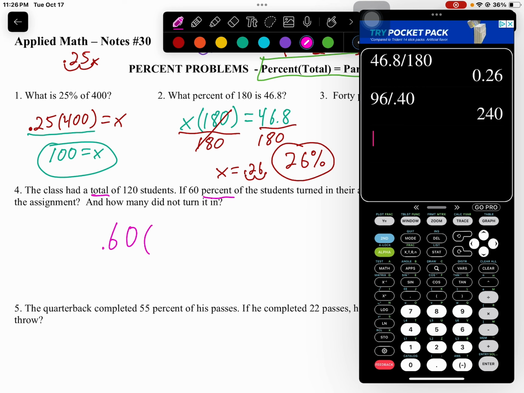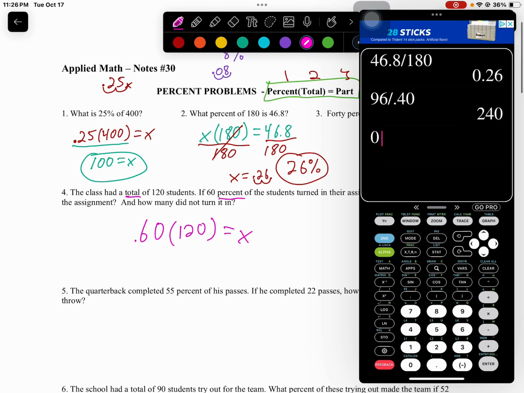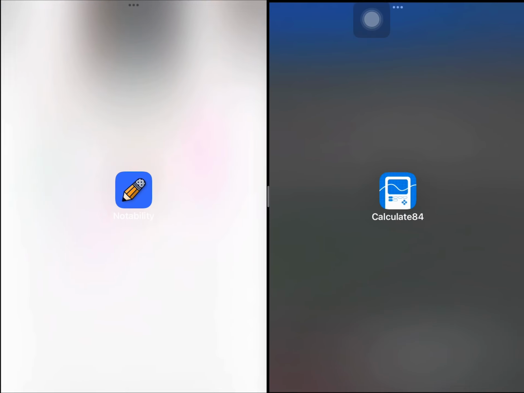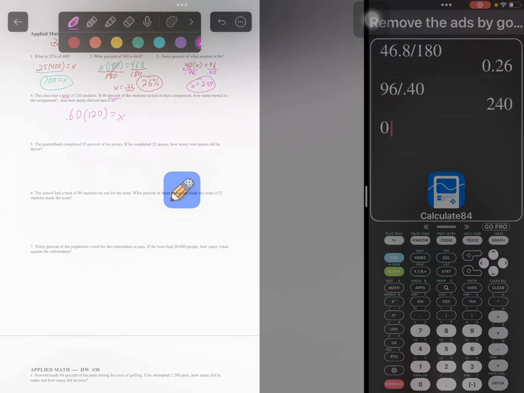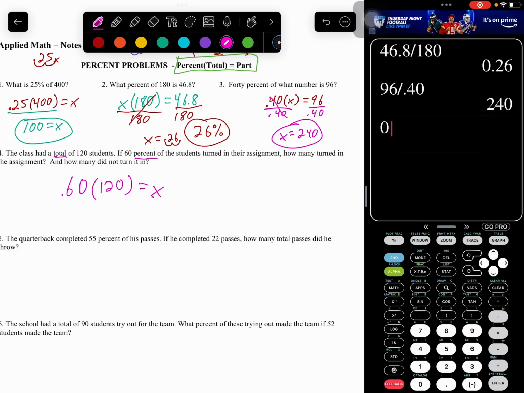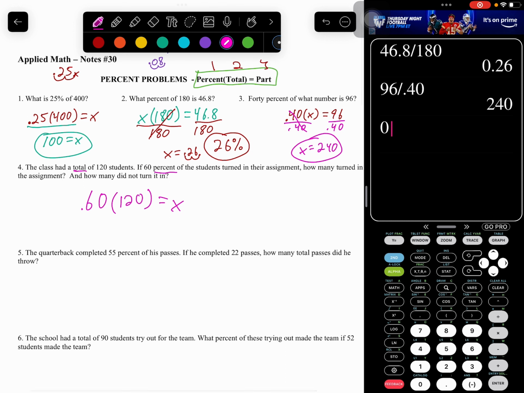And then a total of 120 students, so times 120 equals x amount of kids who turned in the assignment. So 60% of 120 students. So 0.60 times 120 is 72.